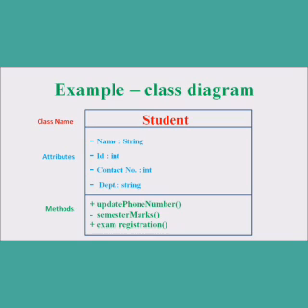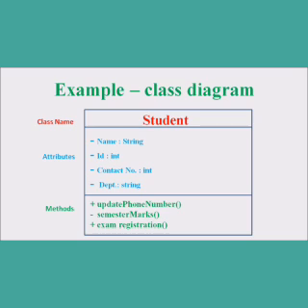We are considering an example called student. The class name is student, so it is represented in the topmost box, and the different attributes associated with this student are name, ID, contact number, and department. These attributes are represented as private members. Thus all the attributes have a prefix minus sign.